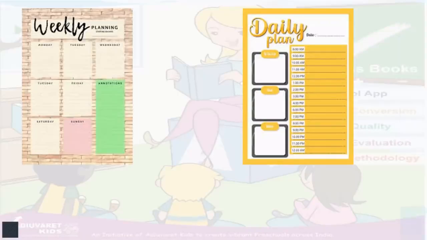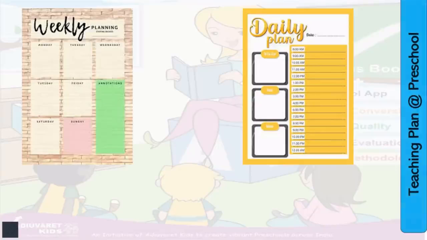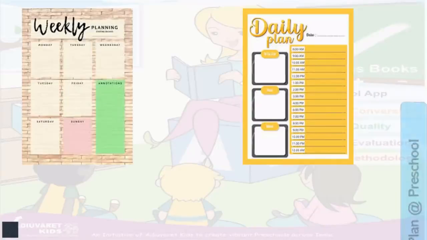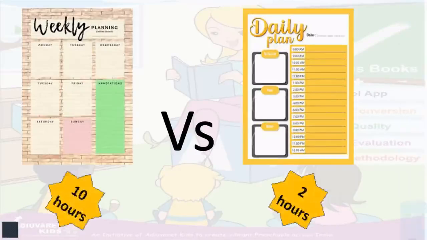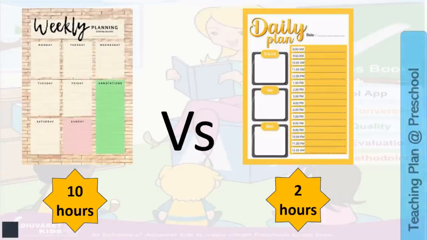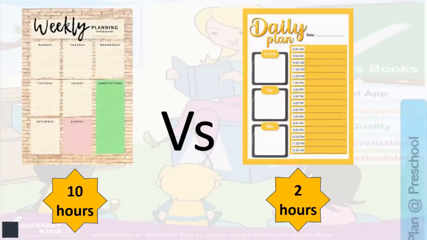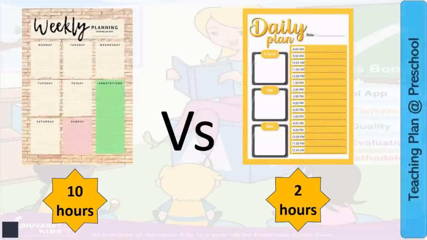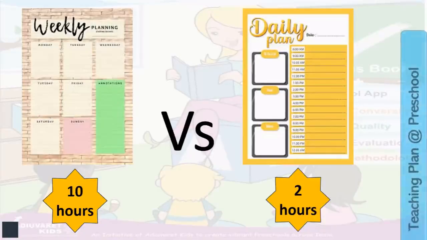The other option is a daily plan. Some schools think daily plans will be much better. In this situation, we have 2 hours daily and 10 hours per week available for skill building activities for the children.